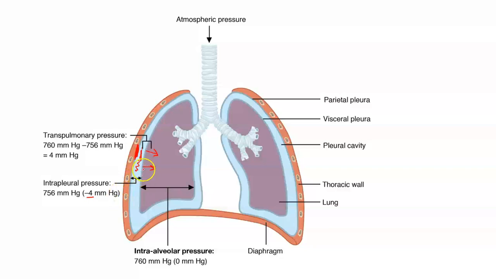And so the lungs will recoil a little bit, but they can't ever get much beyond that because it takes a significant amount of force to overcome the forces of the vacuum that is created. They're showing you all the different types of pressures here. You don't necessarily need to know what all of those are, but in essence, you just have to understand that this is stuck to this because there's fluid in between those, keeping them anchored together.